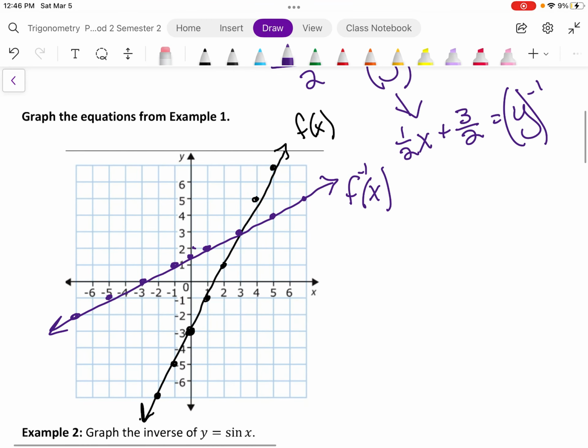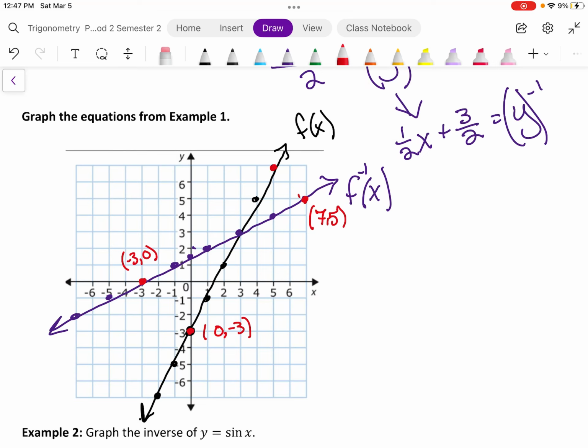And if we look at a few of these coordinate points, let's pick this one. We have 0, -3. And if we look at the corresponding point on our second graph, our inverse one, you'll notice that's at -3, 0. And if we chose a point up here on our inverse, that one is at 7, 5.